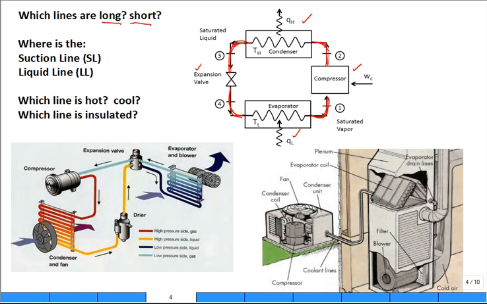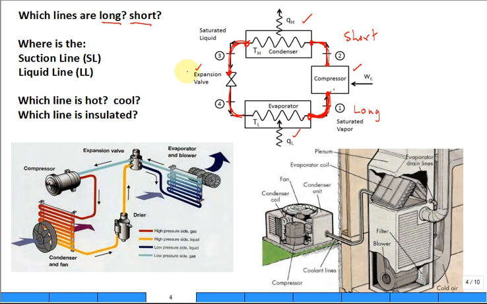So how about the one going from the evaporator to the compressor? Is that long or is that short? This one going from the evaporator to the compressor. Long or short? Long. How about from the compressor to the condenser? Short. How about from the condenser to the expansion valve?